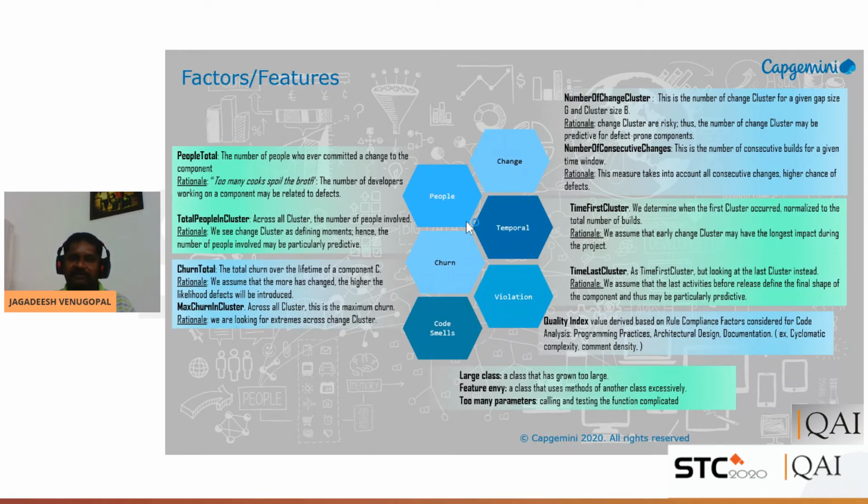Even for a cluster of changes, when too many people are contributing, that itself brings more risk. So we will consider all these factors as risk indicators.